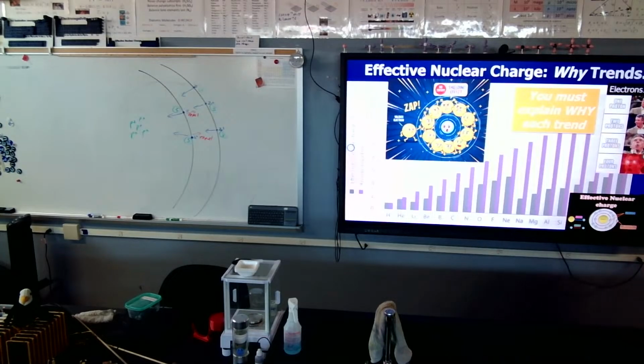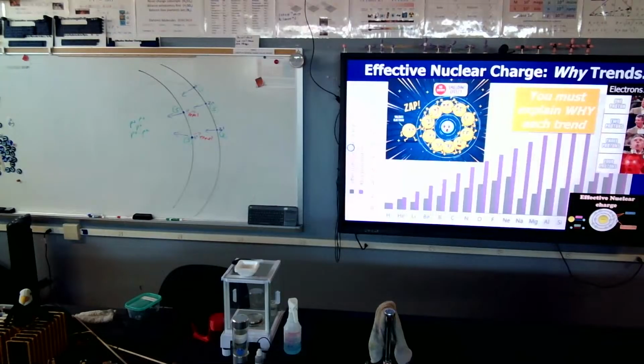Sodium is in shell number 3. It is blocked, repelled, or shielded by shells 1 and 2. Is that clear? Sodium's atomic number is 11. How many protons does sodium see? 11.